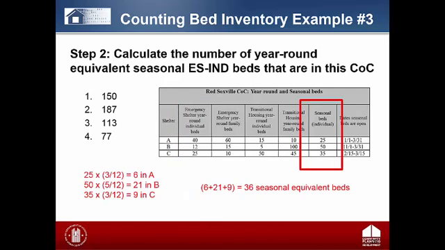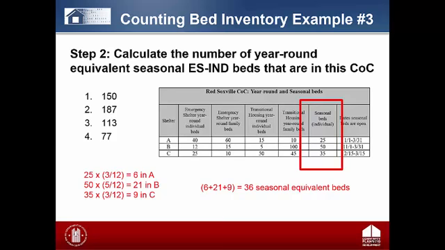Next, let's work through the more complicated step of calculating how many year-round equivalent beds there are. Shelter A and Shelter C both operated a program for 3 months of the year. And we remember that Shelter B's seasonal program operated for 5 months.